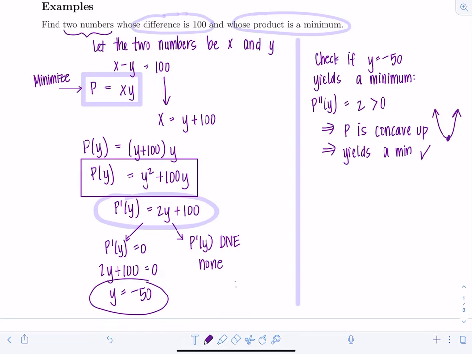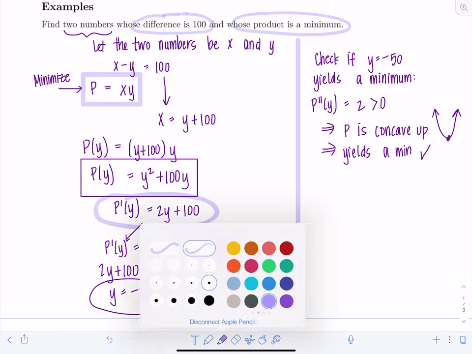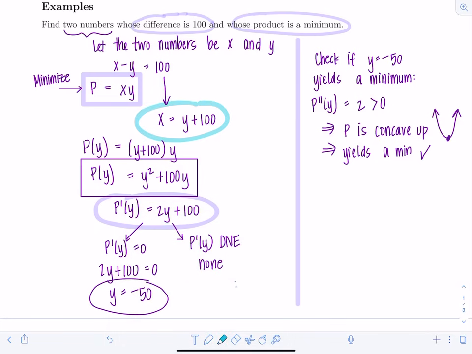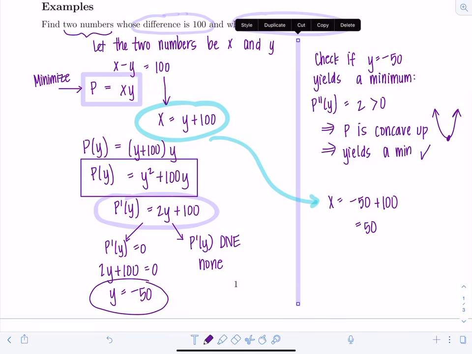Okay, well, the problem asked us to find two numbers. I have one of them. I have y, and remember, right here we know x equals y plus 100. So we can go ahead and find x. X is going to be y, which is negative 50, plus 100, which is 50. And then in this case, I want to write my answer out as a complete sentence.